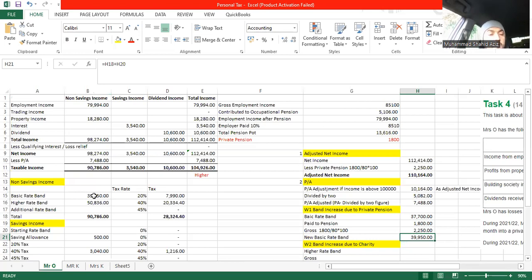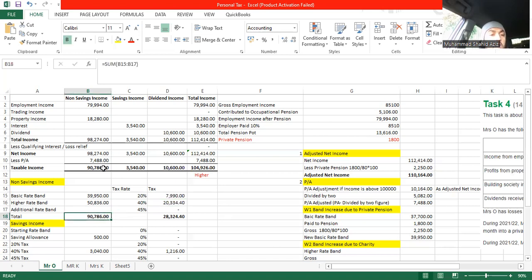So that is taxed at 20%, and the tax is 7,990. The difference, 90,786 minus 39,950, equals 50,836, and the tax at 40% equals 20,334 pounds 40 pence.